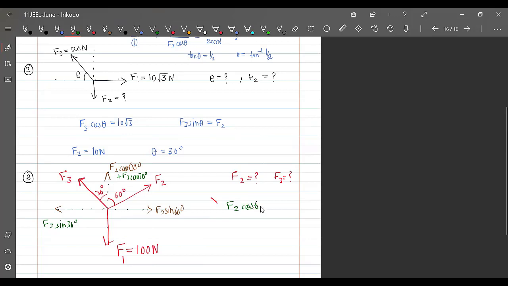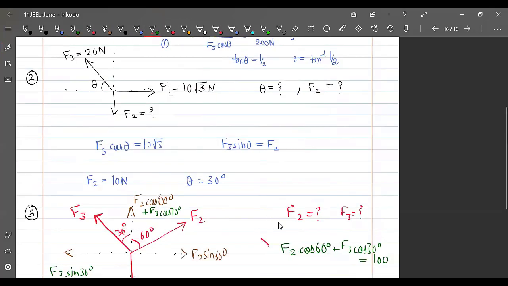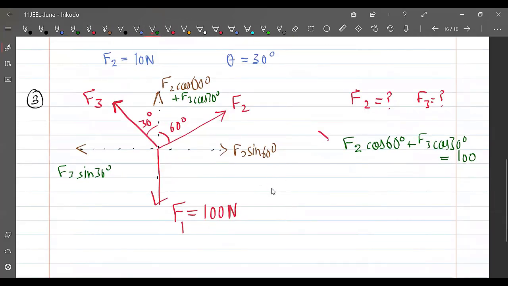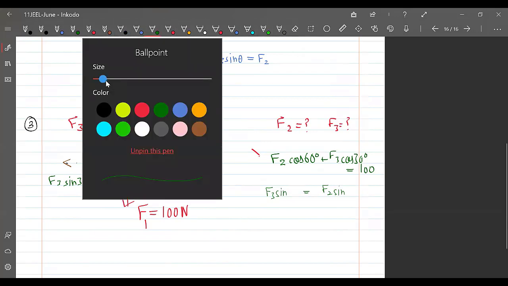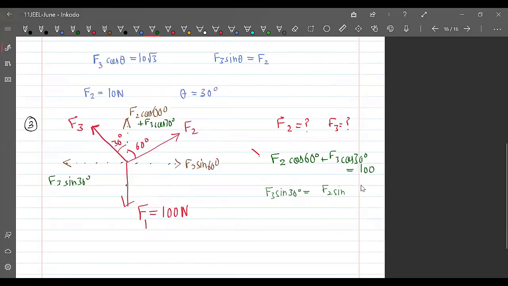So F2 cos 60 plus F3 cos 30 will be equal to 100. And F3 sin 30 is equal to F2 sin 60.